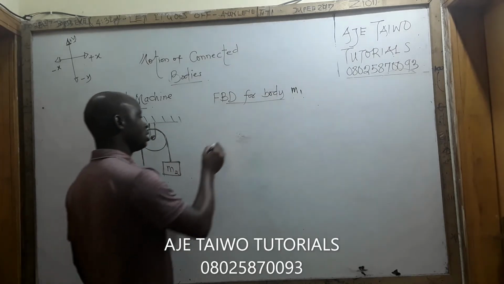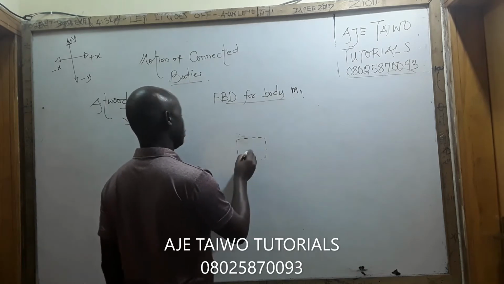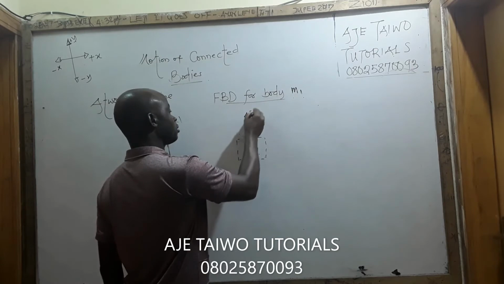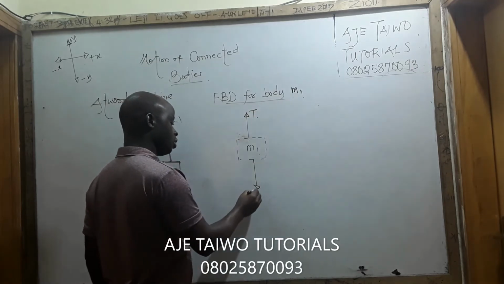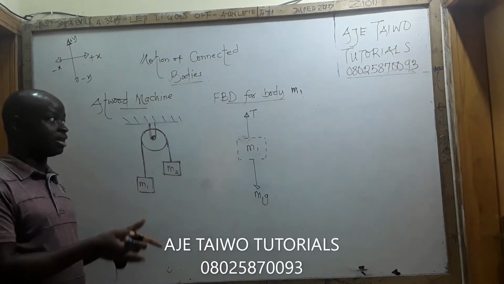So let me draw the first body. Body 1. This is body M1. This is tension, and this is weight, M1G. Everybody must have his weight acting vertically downwards.